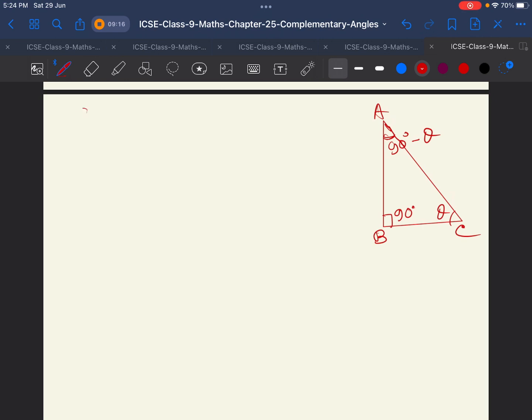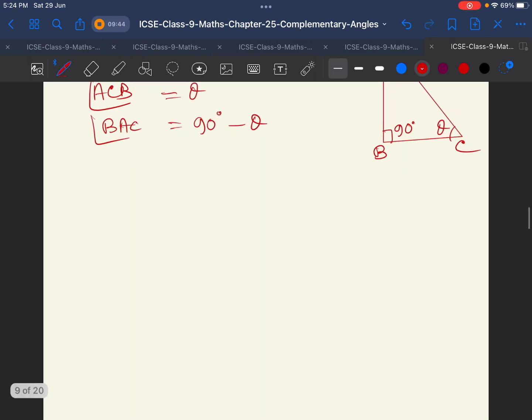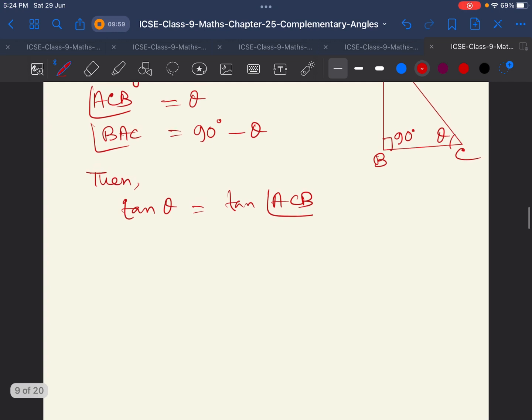First we consider ABC a triangle. Consider angle ACB equals theta and angle BAC is 90 minus theta. Then tan theta equals tan of angle ACB.